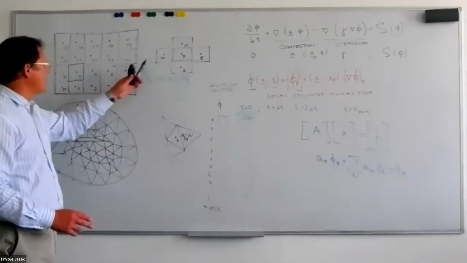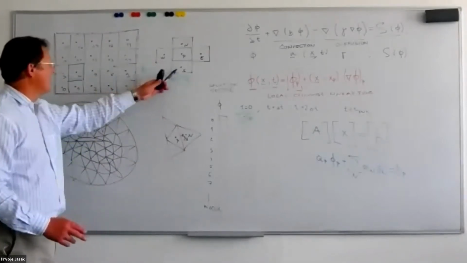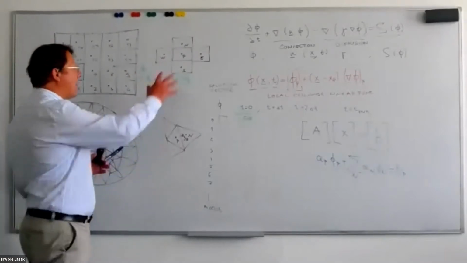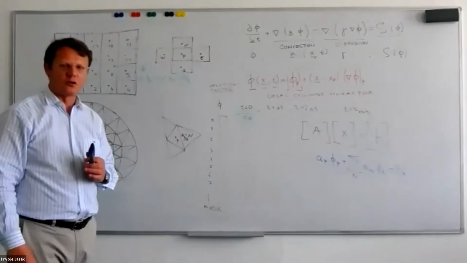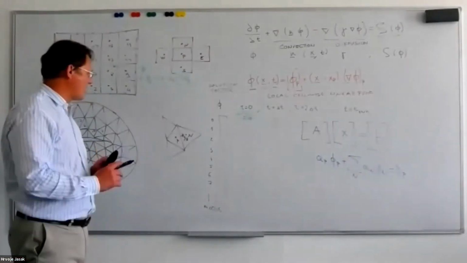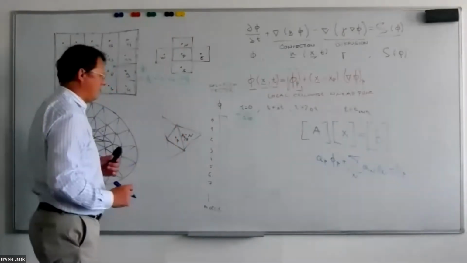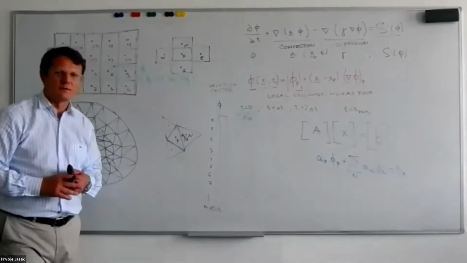P will be 8, W will be 7, East will be 9, South will be 3, and North will be 13. And now I can move that stencil through the mesh and repeat the same procedure. For a triangular mesh, I am going to have a triangular control volume, which connects to only 3 neighbors.